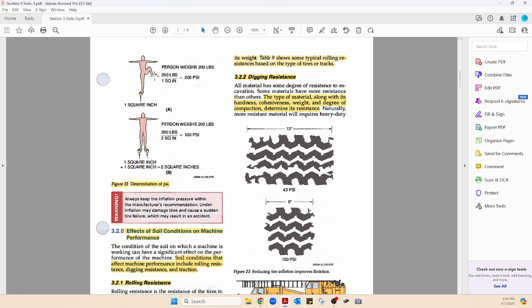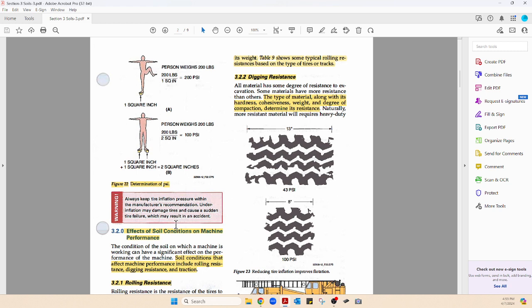I don't think I can do that. But here it's 200 pounds per square inch because the surface area of that block is 1 square inch. Here you've got twice the surface area, so it only has 100 psi on each one. That's the pounds per square inch he's having to hold up.